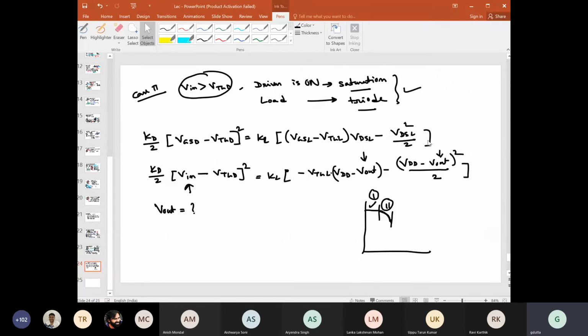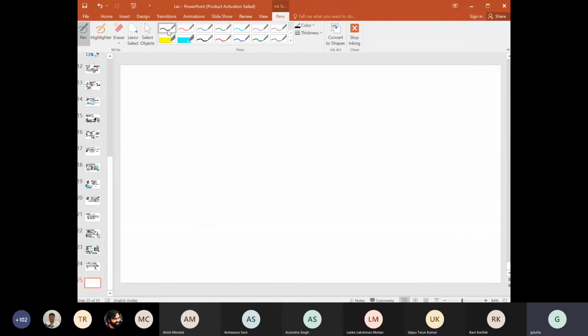Now if both transistors are in saturation, and we consider it as case 3, both transistors are in saturation, right? Now you have to simply equate the transistor relation for saturation.